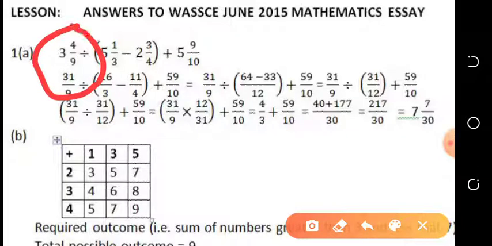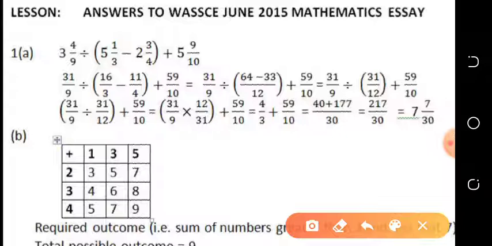For example, you have 3 whole number 4/9. We have 9 times 3, which is 27, plus 4, which is 31, all over 9. You have 31/9. That's how to change it. So you follow the same understanding on the rest.